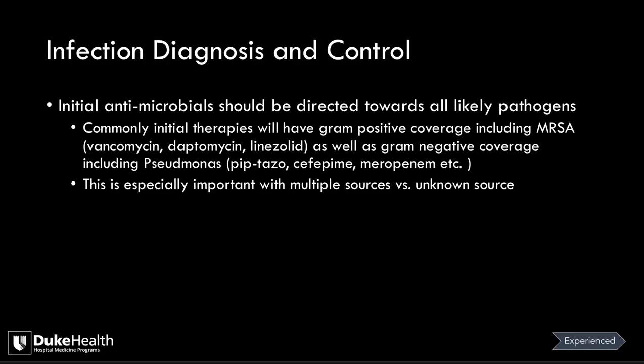Say they have evidence of a cellulitis, and they also have an indwelling line, and they have an infiltrate on their chest x-ray, versus an unknown source where we have no idea what their source is based on history, examination and initial workup. Those patients should be most suitably covered with broad-spectrum, gram-positive, gram-negative coverage.